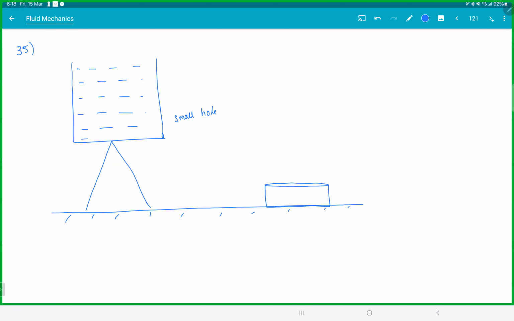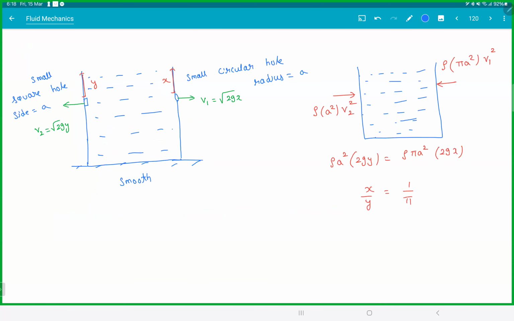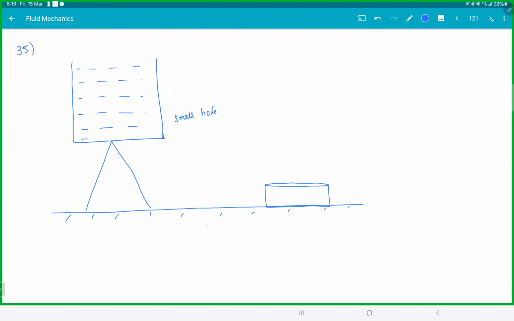And we have a bucket here at a distance of h by 2.